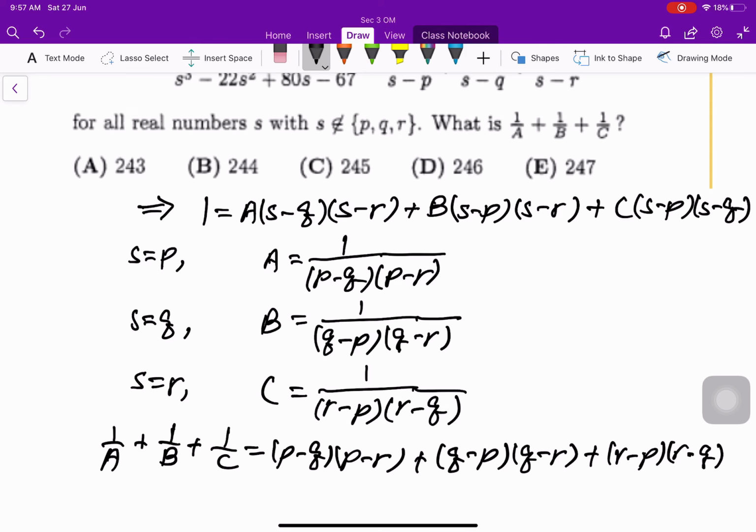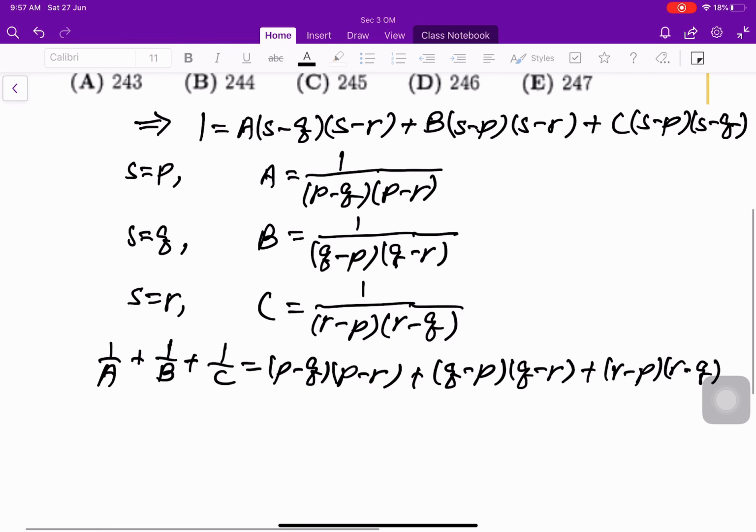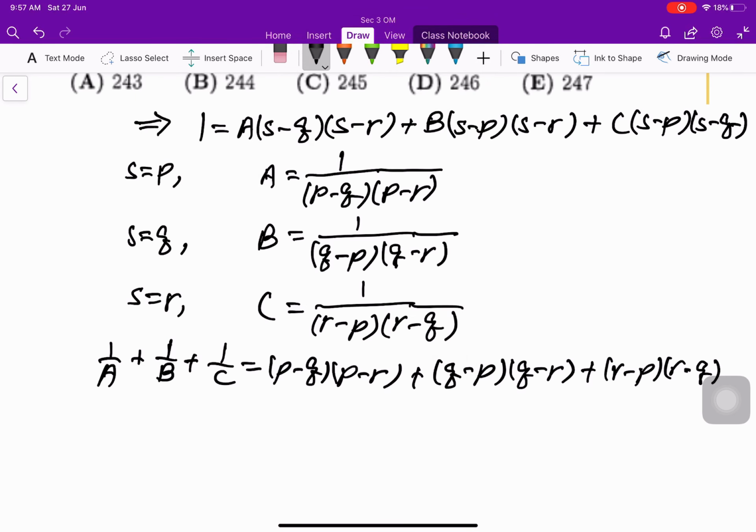Okay, and when you expand this thing, please go through the expansion. I mean, the expansion is not difficult. Maybe let's just expand it.